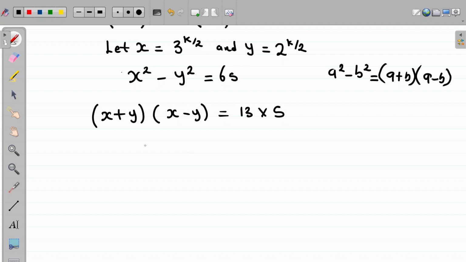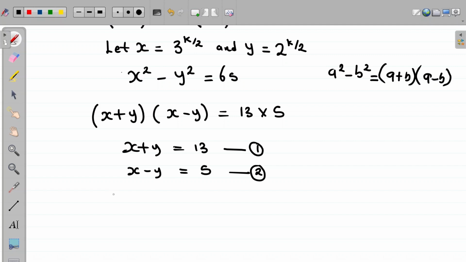Now we know that this equation can become x plus y equal to 13 and x minus y equal to 5. We call here equation 1 and call here equation 2.